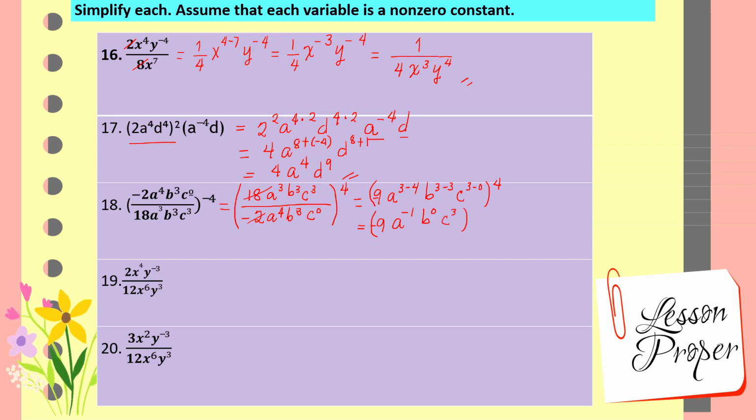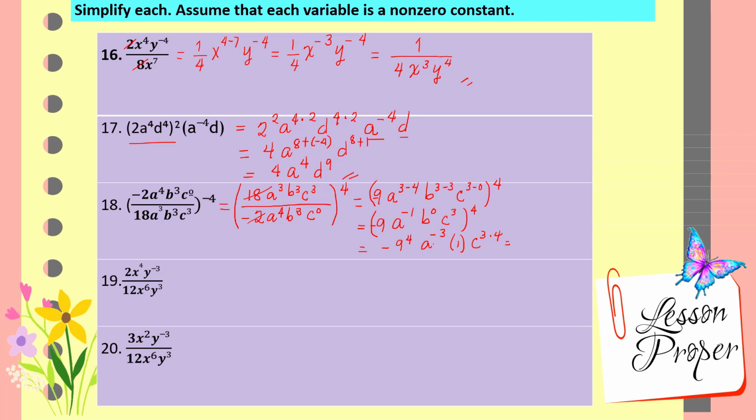Copy the fourth exponent. So, we will have now your negative 9 raised to the 4th power, then a raised to the negative 3, and then b as 1, okay, and then c as 3 times 4.